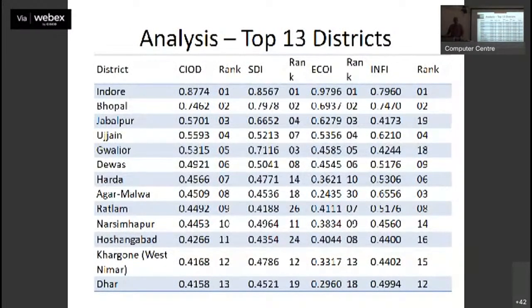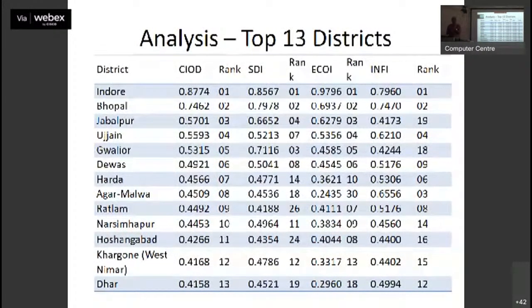What is the reason? Infrastructure development is good, economic development is also good, but not social. Because of the Simhastha, हर 10 साल में सिंहस्थ होता है तो government diverted huge fund for the infrastructure development of the Ujjain to accommodate the Simhastha issue. So infrastructure is number 1.